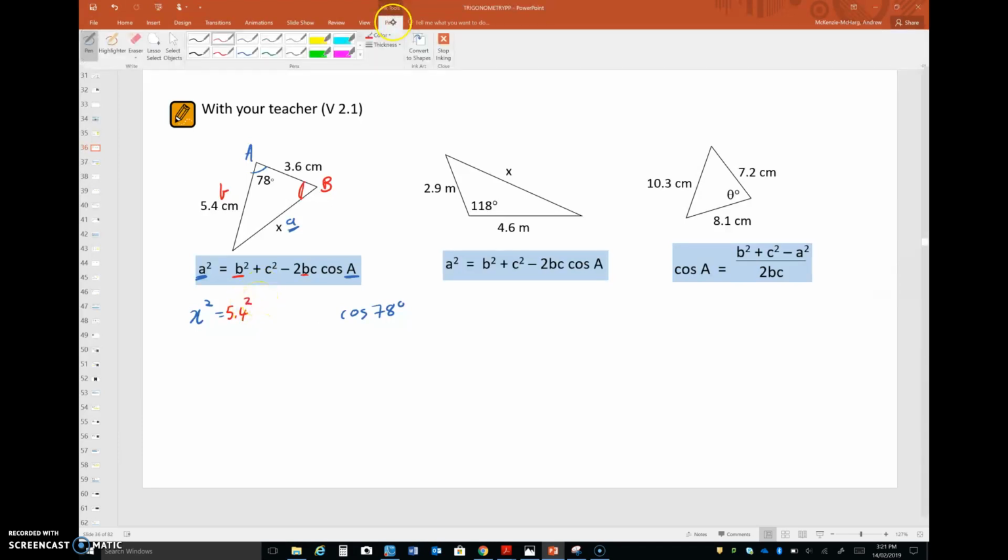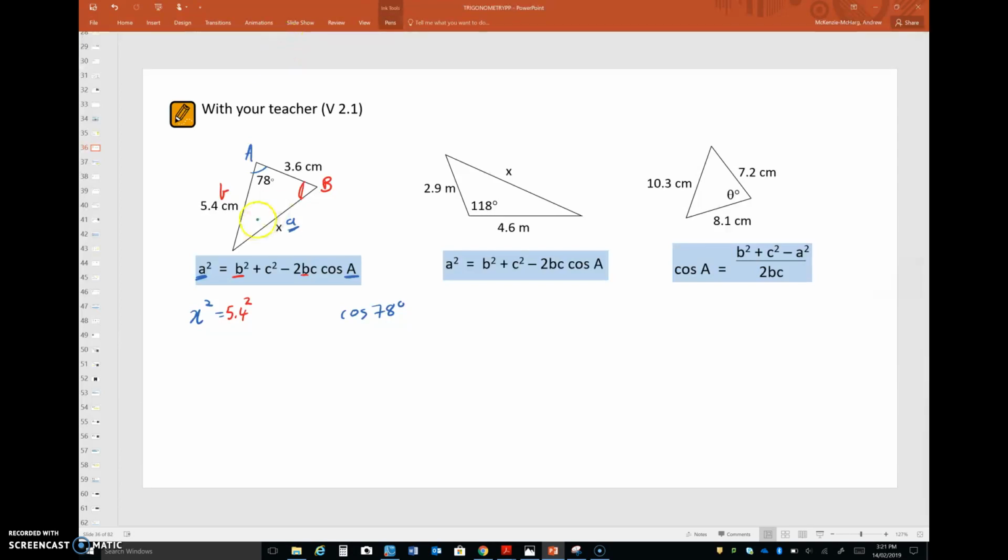And then we'll go green for little c, A, B and C. So see how we've gone A, B, C, and side length little c over here. So we've labelled the triangle A, B, C with the angles, and then the side length as well. So side length little c is 3.6.